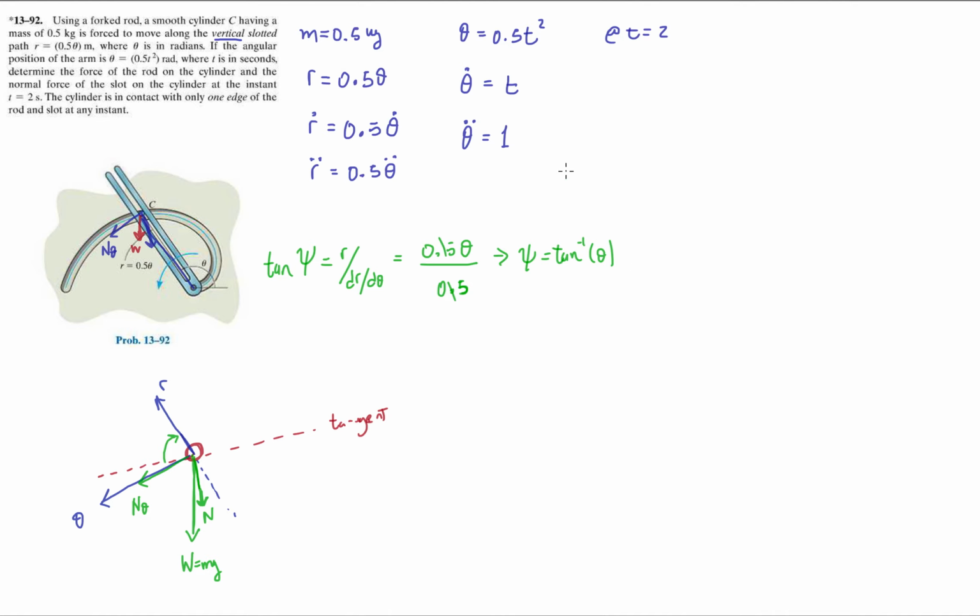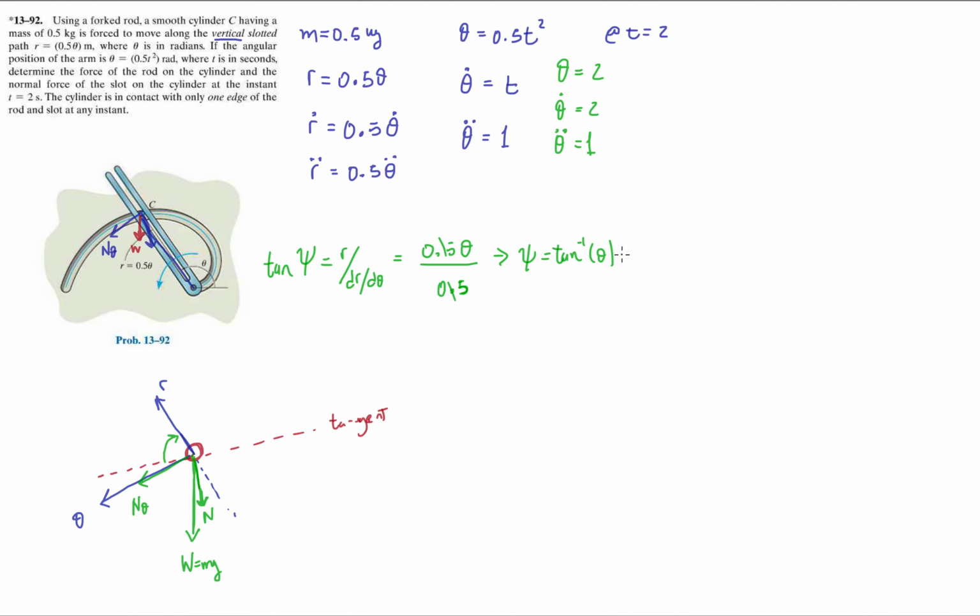Let's evaluate at t equals 2: theta is equal to 4 times 0.5, which is 2. Theta dot is 2. Theta double dot is 1.